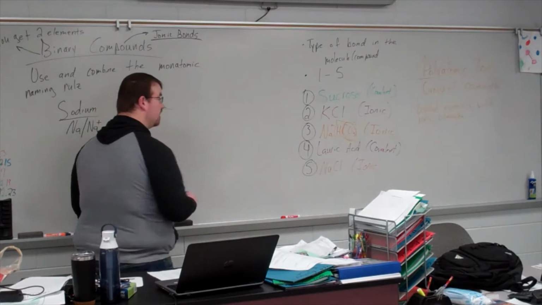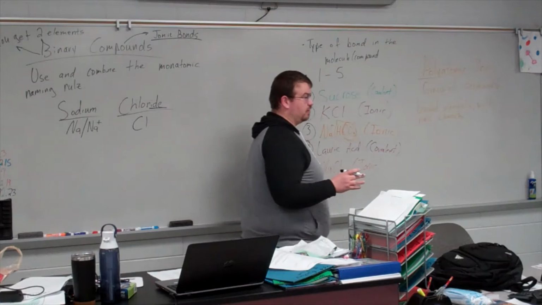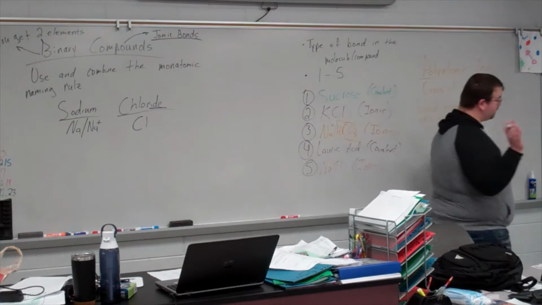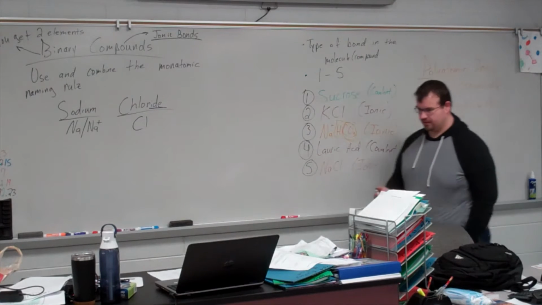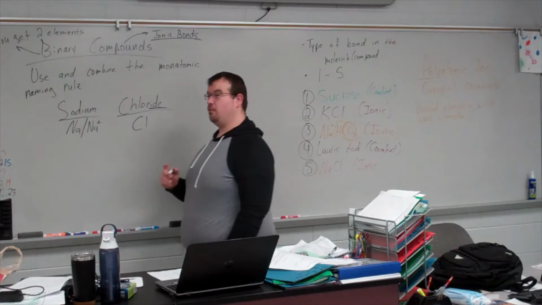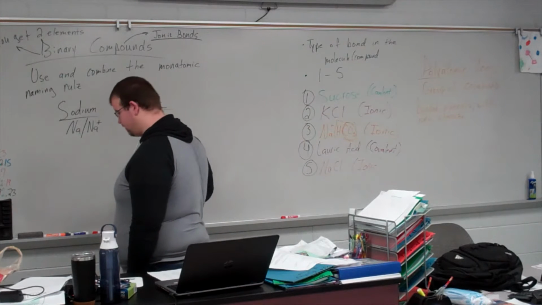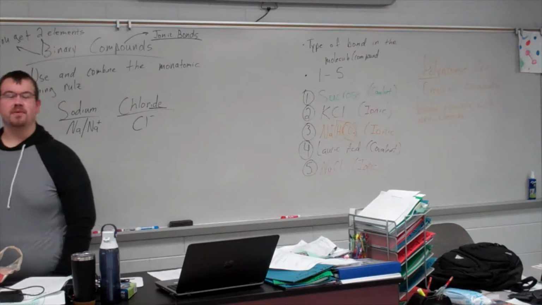What's the chemical symbol for chlorine? Cl. But it's an anion, so I know that it's picked up its electrons. What's the charge? Negative. How do we know it's negative? There's several ways. Refer to your handy dandy periodic table.